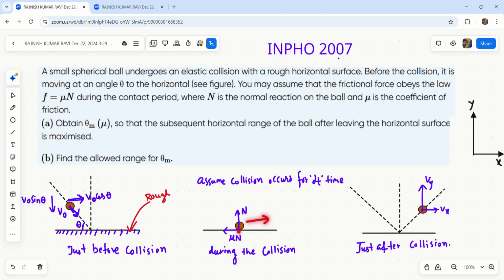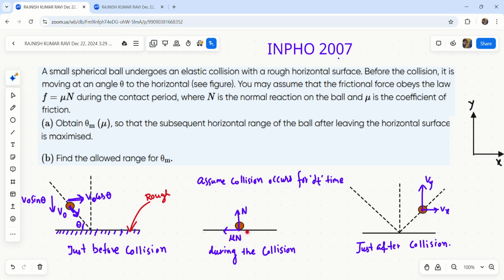That's why the friction will act in backward direction on this small spherical ball. Friction will be at its limiting value, so mu naught N friction will be acting in the backward direction throughout the collision.